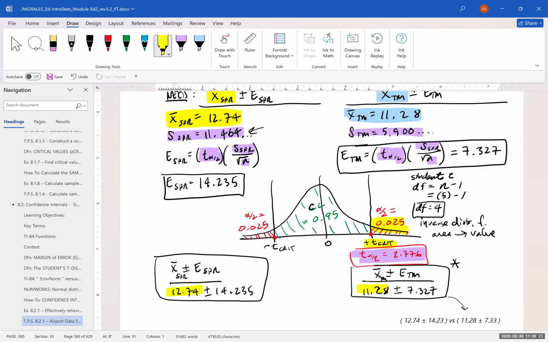But here's my thinking. Notice that this confidence interval for Sprint is going to go from a mean of 12.74, and then we're going to add 14.235. That'll give us 26 point something, the upper bound for our confidence interval.